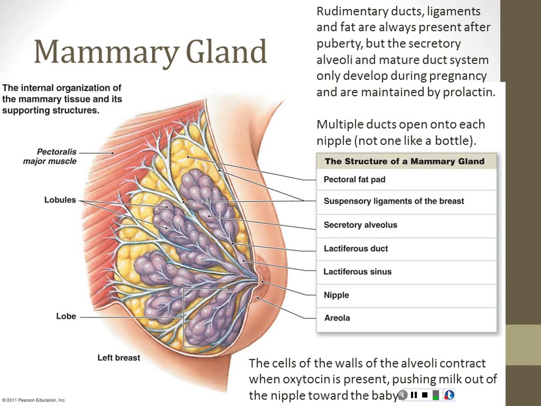So basically, a secretory alveolus looks like that. And these are all epithelial cells around here, right? And blood's out here. So they produce milk and they secrete it into these open spaces. They fill with milk in between feedings. And then these same cells contract, push milk out towards the baby, emptying this, and then they fill back up. That kind of answers your question.